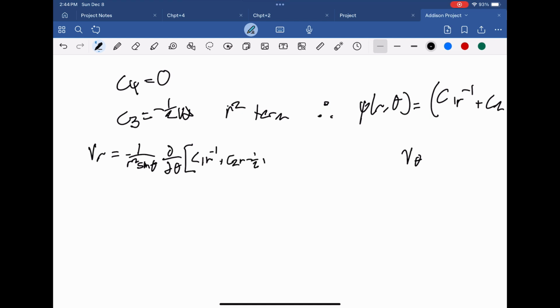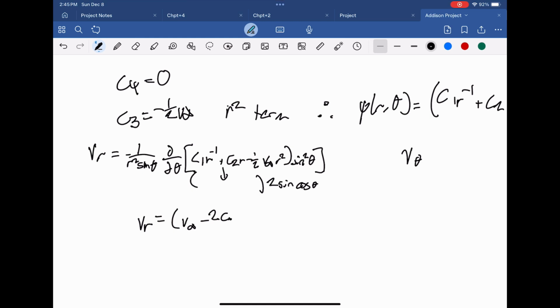C2R to the negative 1/2 V infinity R squared sine squared theta, 2 sine cosine theta. Here I'm just deriving the equation with respect to theta, which you would product rule, but because sine squared theta is the only thing that is in respect to theta, the other things cancel out.